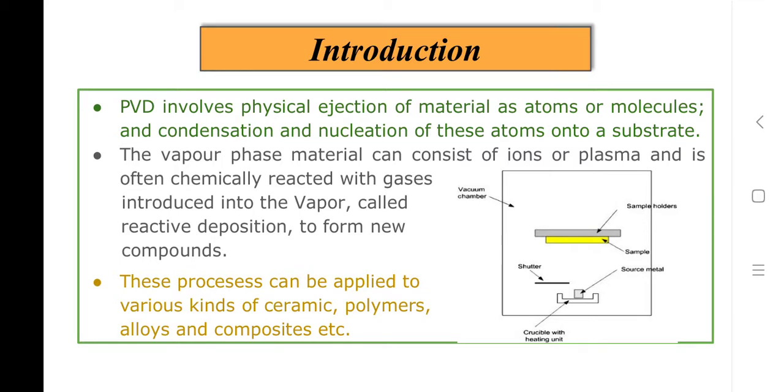Now, in this diagram I have given an example. There is the material, the substrate, which we are going to modify, and below that is the metal ion, or some kind of material which we are going to put on top of our substrate.